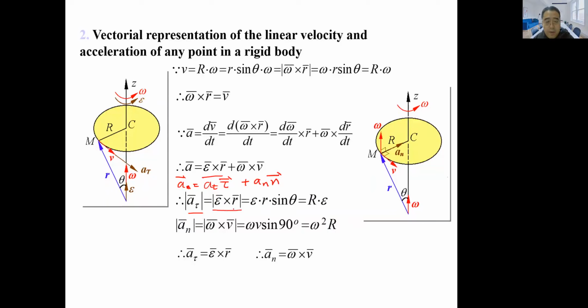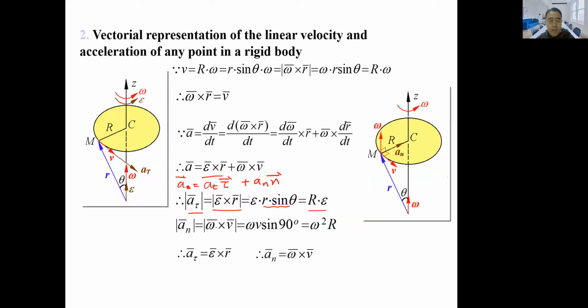The norm of this vector is the norm of epsilon times r times sine theta. This will be r epsilon. You know why? Because r sine theta, from this you can once again find r sine theta equals r. So this is r epsilon.